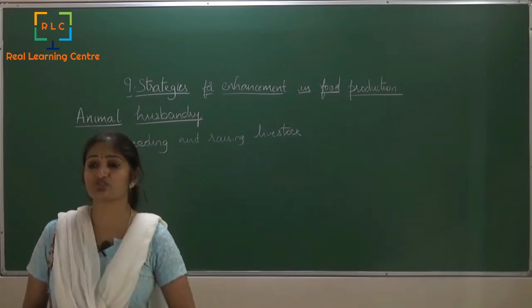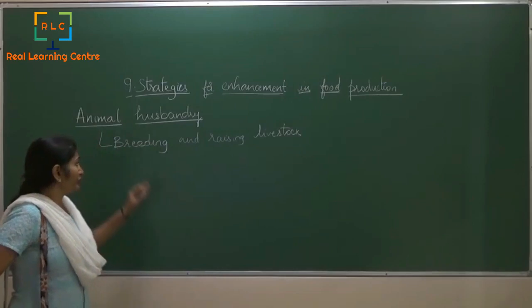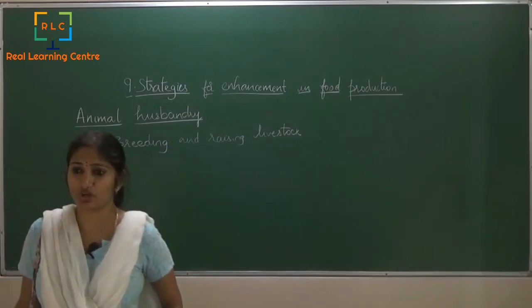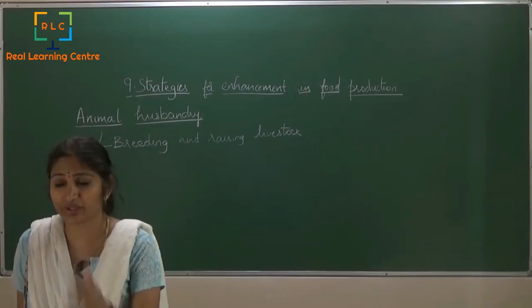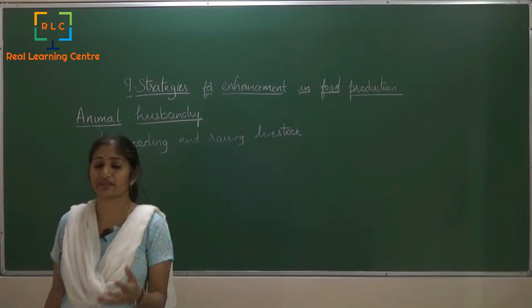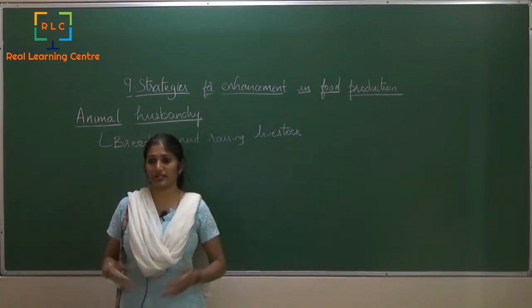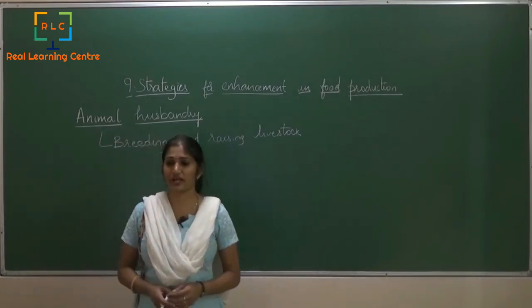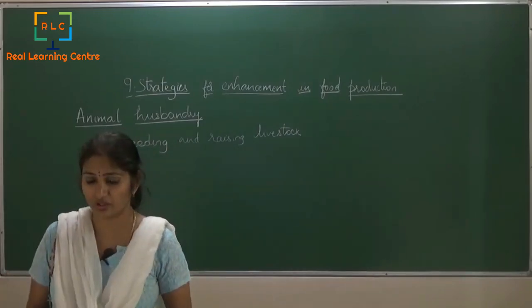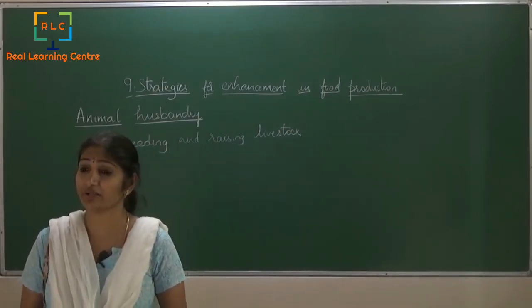Now, in the case of animal husbandry, we take care of livestock, we take care of the breeding processes, and after the breeding is done, we also take care of raising those animals. Which animals are generally grown or taken care of in animal husbandry?